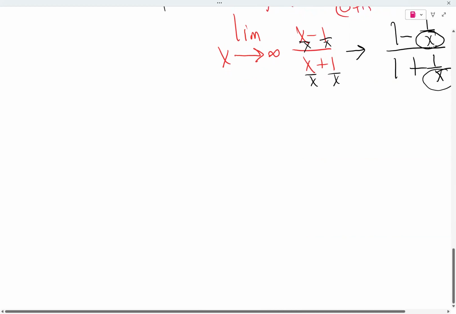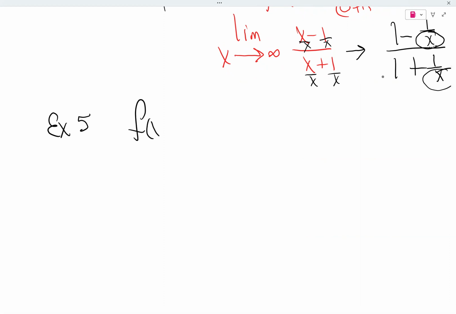So in this next example, I'm going to call it example 5. We have been given an f of x, which is equal to 3x squared. And if you notice, in this case, it is basically a cubic, my bad.